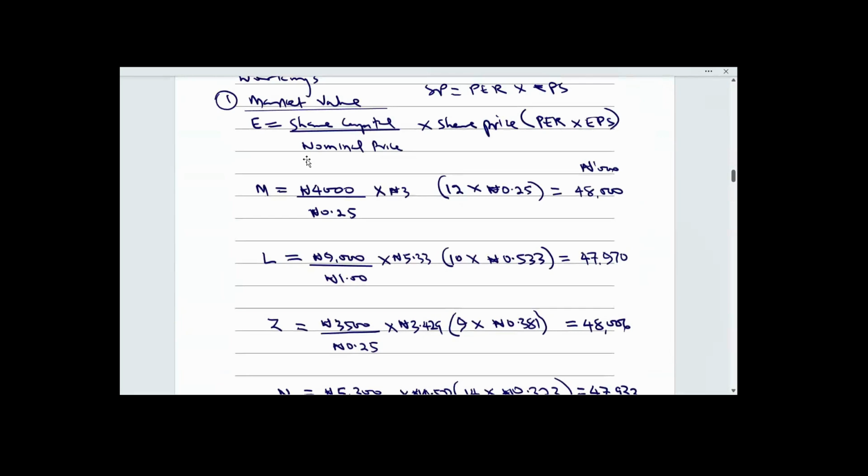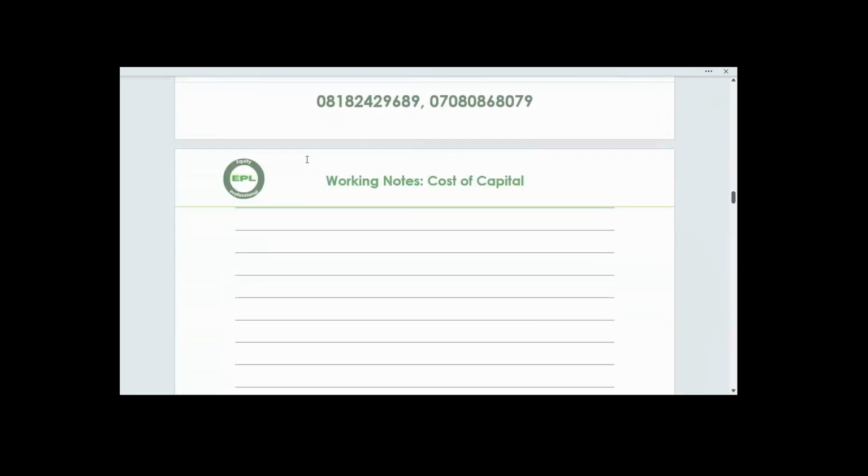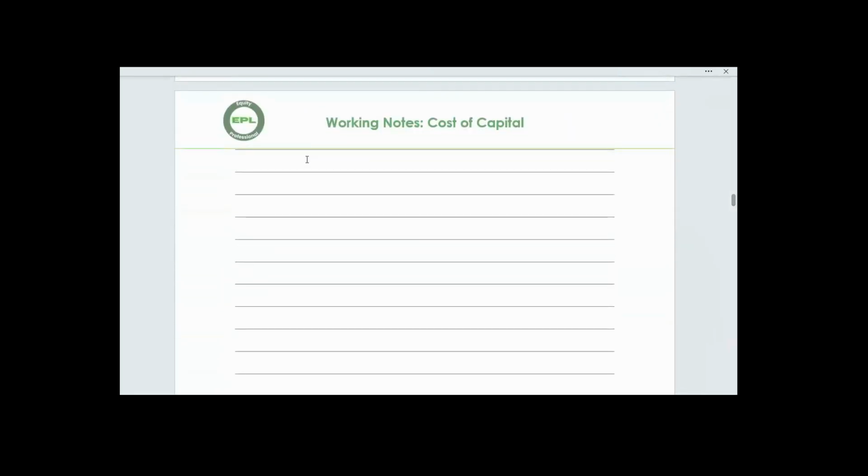We're still on the same working number 1. So for Kilimanjaro, equity value will then be equal to, what's the share capital of Kilimanjaro?